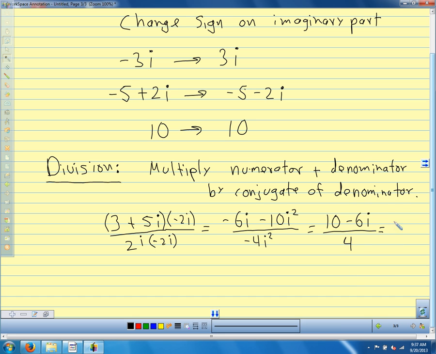I can write it as 5 minus 3i over 2, and technically, to be in standard form, I don't mind if you write it like this. Technically, to be in standard form, this would be 5 halves minus 3 halves i. I'm fine with this. Technically, this is standard form.